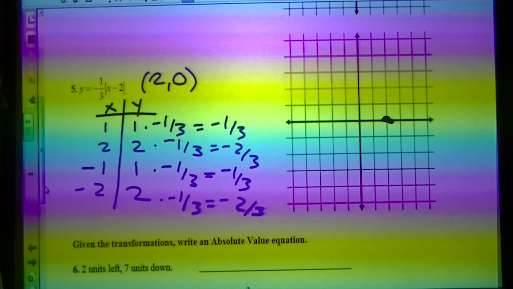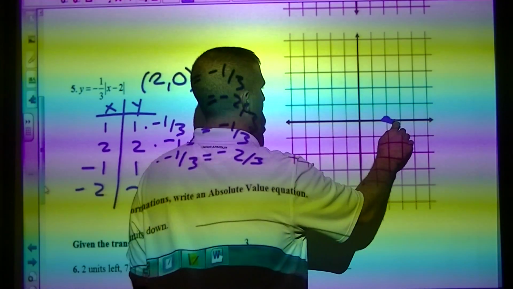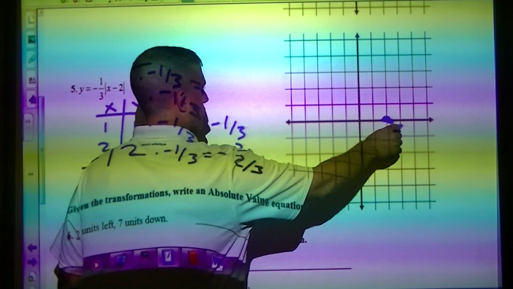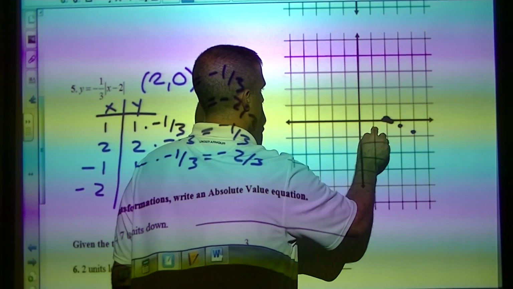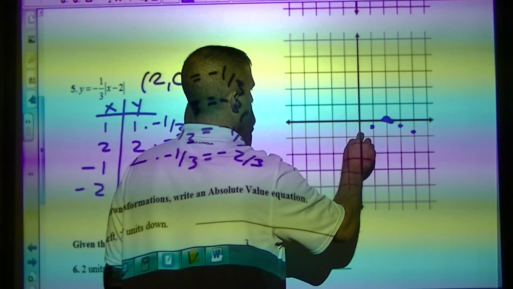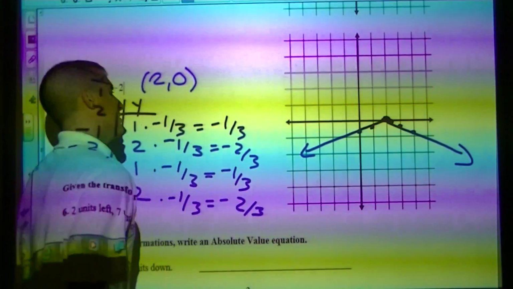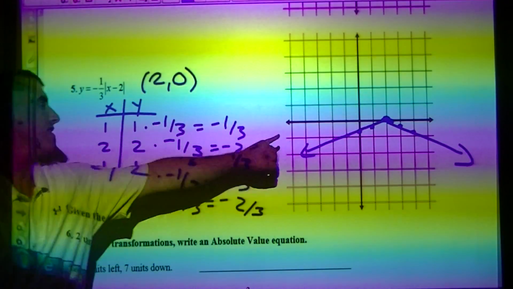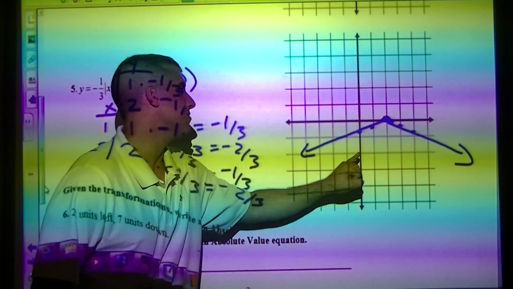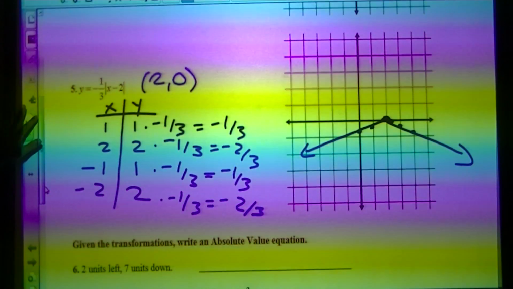So that means I'm going to go 1 over, about 1/3 down, 2 over, about 2/3 down, left 1, 1/3. So you're going to have an absolute value. I went left 1, about down 1/3, left 2, down 2/3. Pretty simple, what we've been doing.